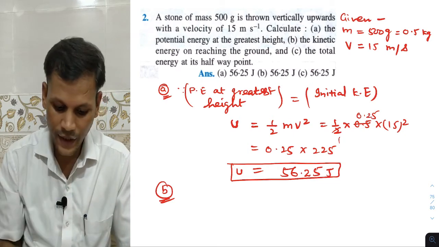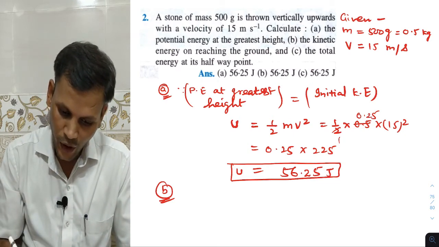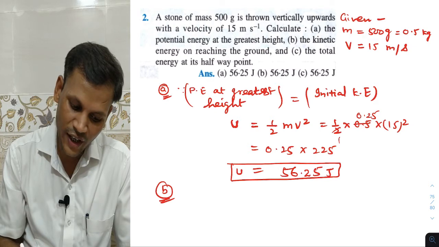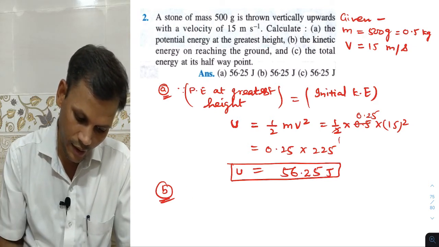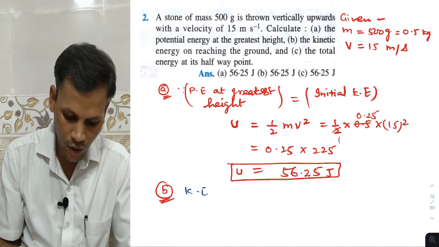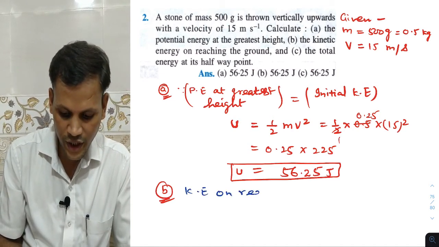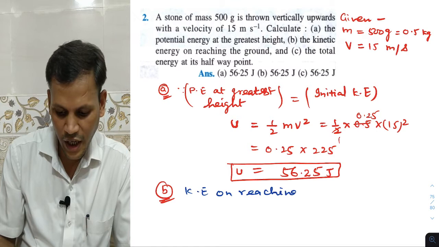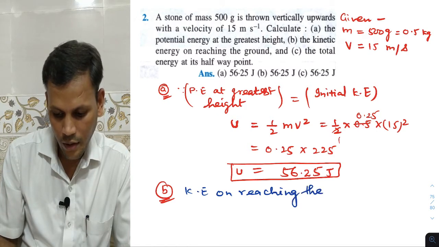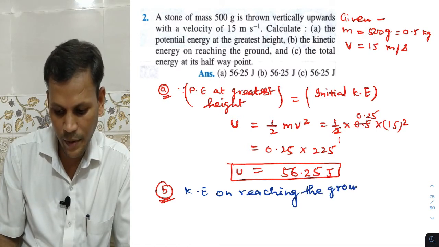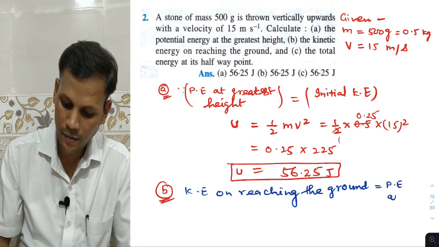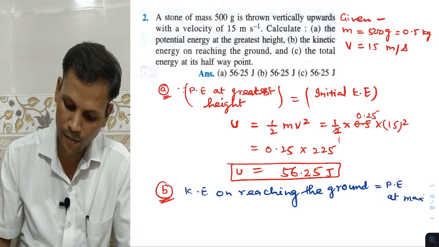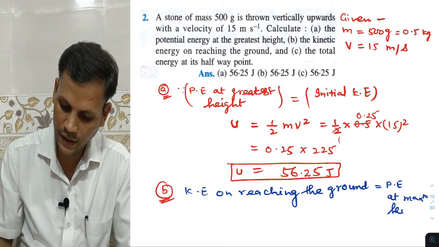So we can write for B, kinetic energy on reaching the ground will be same as the potential energy at maximum height.